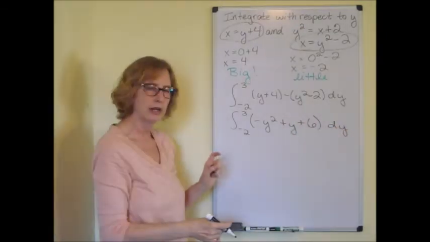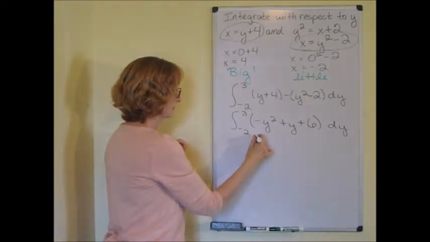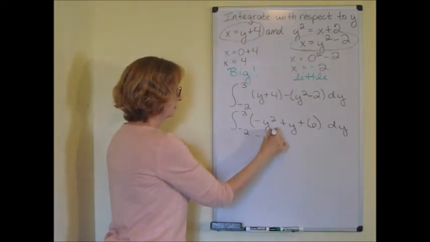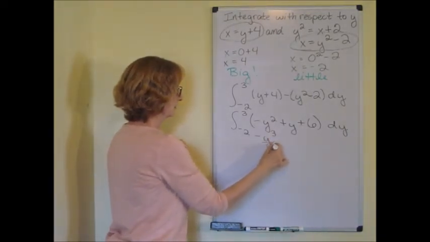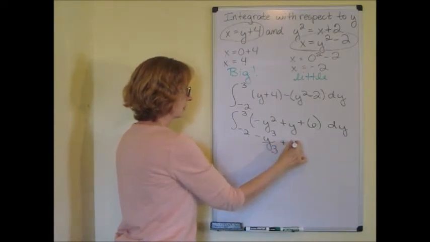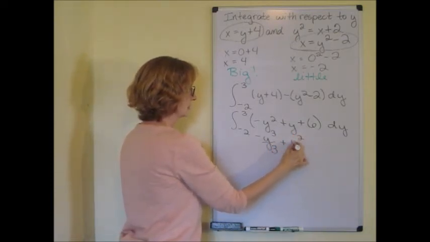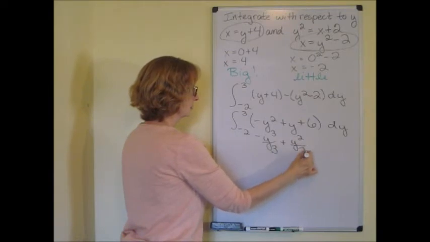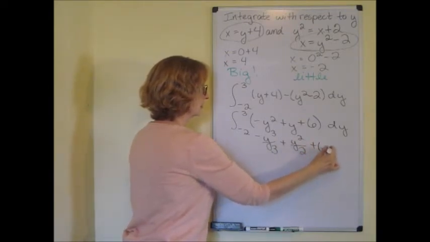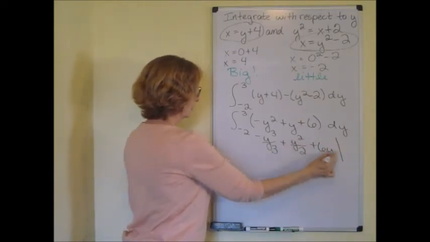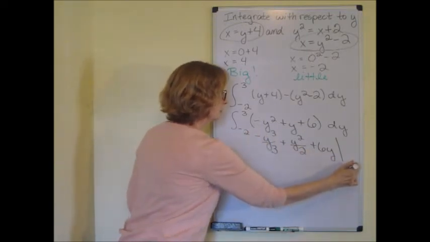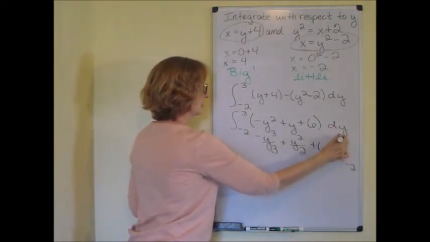Now we can integrate. That's negative y cubed over 3 plus y squared over 2 plus 6y. And we're taking that from negative 2 to positive 3.